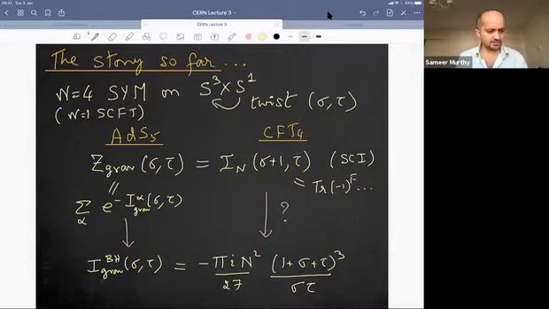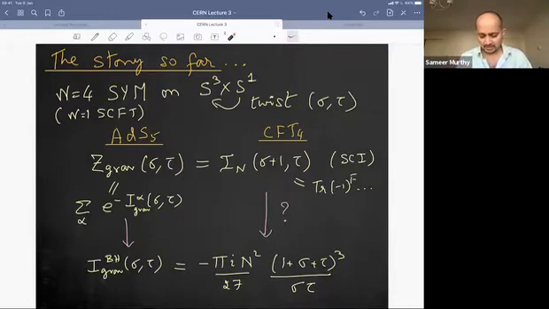Let me begin as yesterday with a small recap, and then I'll pause for questions. What have we learned so far? We were studying N=1 superconformal field theories in 4 dimensions, in particular N=4 super Yang-Mills, on S3 times S1 with some chemical potentials dual to certain charges.